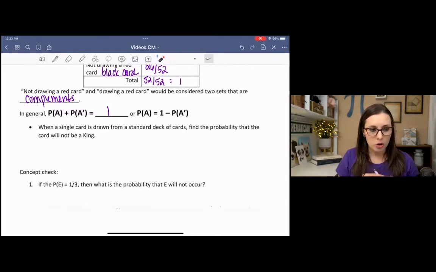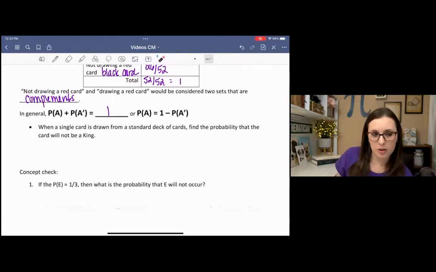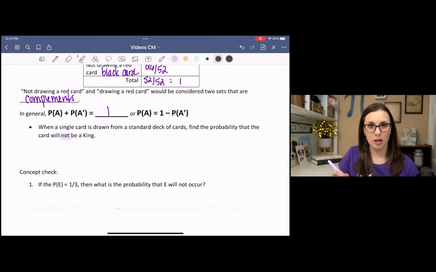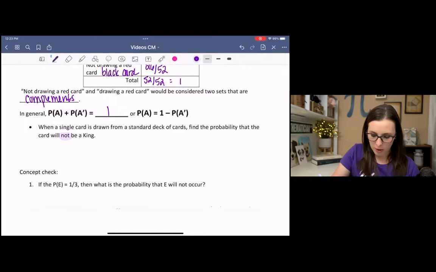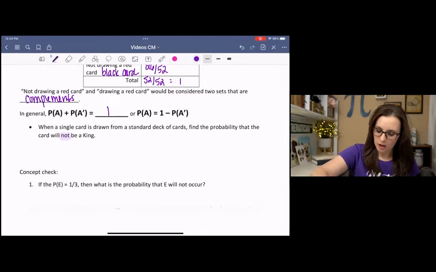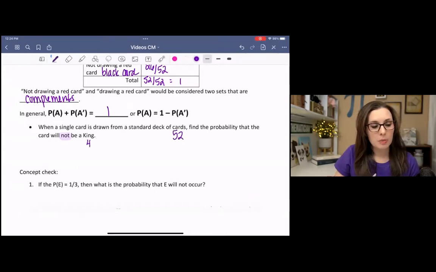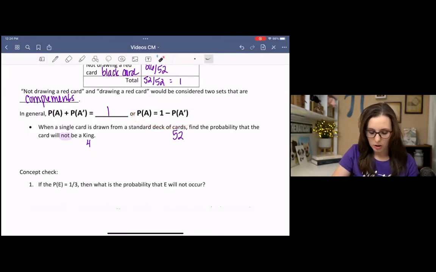When a single card is drawn from a standard deck of cards, find the probability that the card will not be a king. We know that we're talking about a total of 52 cards, and 4 of those are kings. But we want to know the cards that are not kings. So I can use this idea of subtracting.